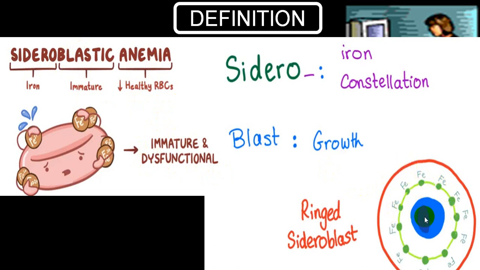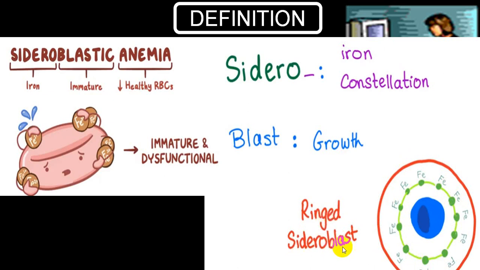Normally a fully mature RBC never contains a nucleus. So this is an immature RBC containing a nucleus, and the nucleus is surrounded by iron deposits present in mitochondria, which forms a ring around the nucleus. That's why it is called ring, sidero because it contains iron, and these are premature cells, that's why it is called blast.